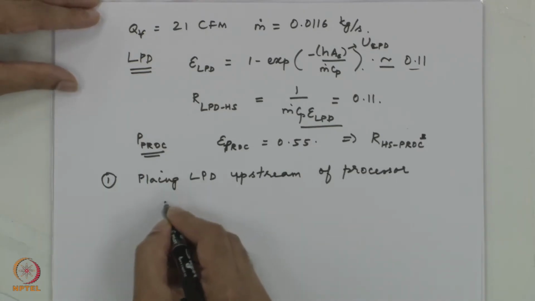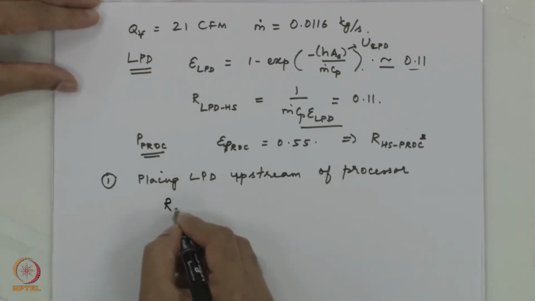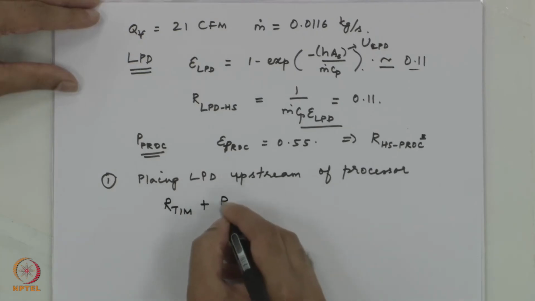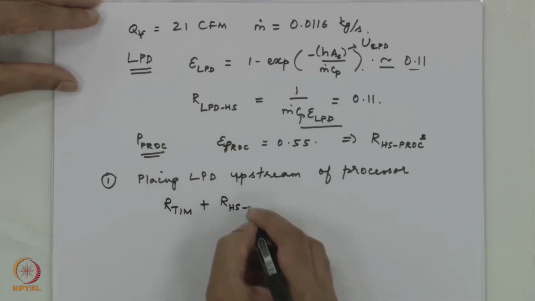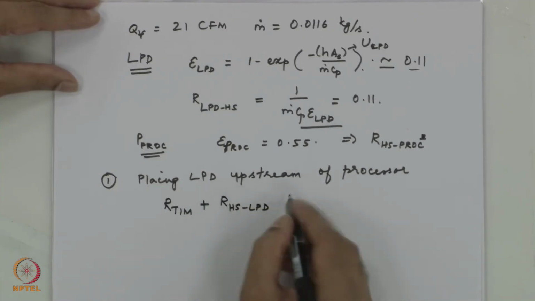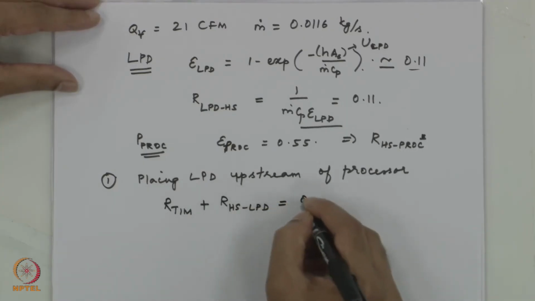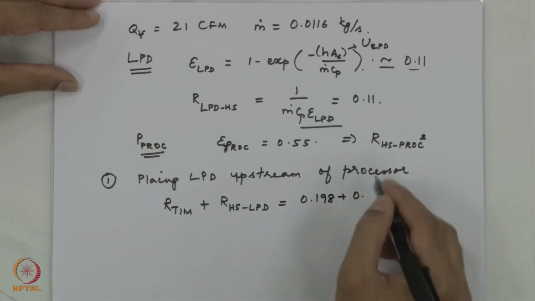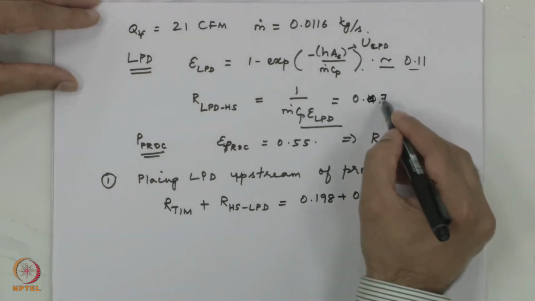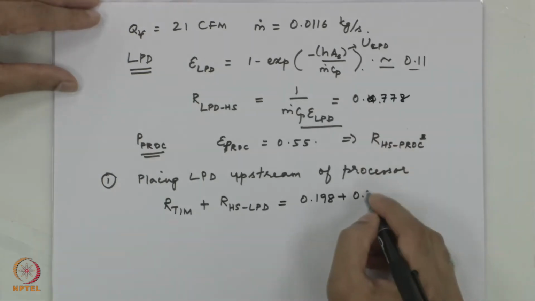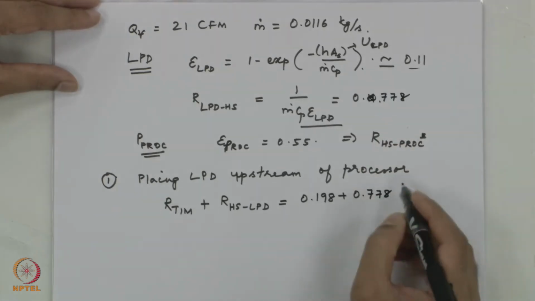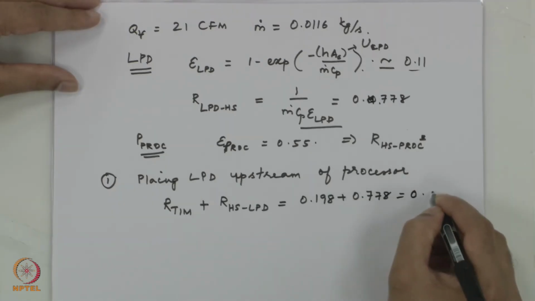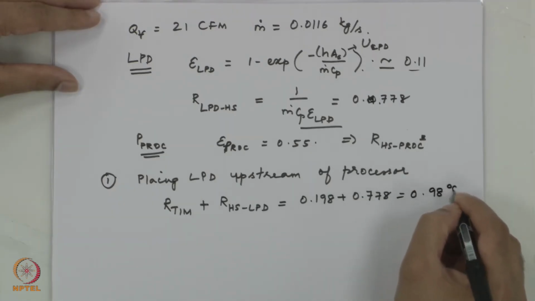So, with that we know that there is a thermal interface material and there is a heat sink associated with the low power device. Adding those two gives me a total resistance of 0.98 degree C per watt.